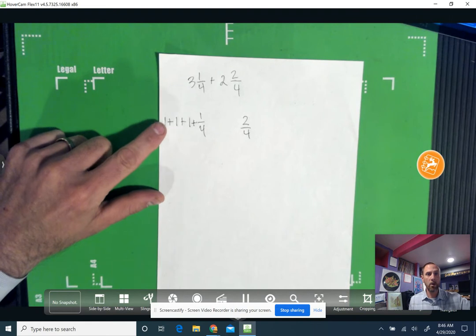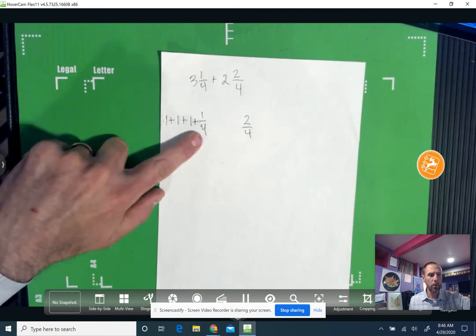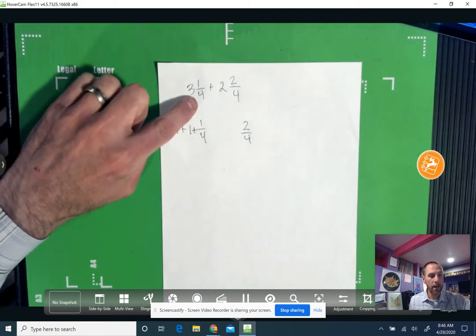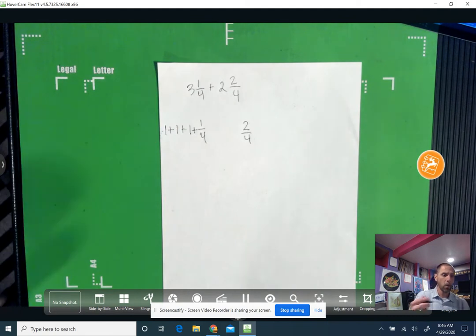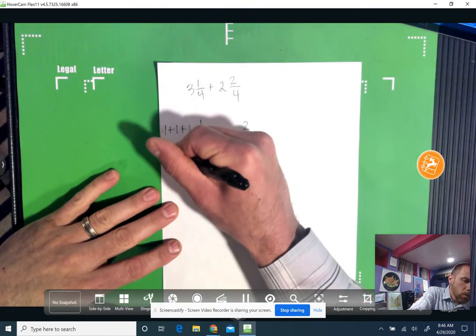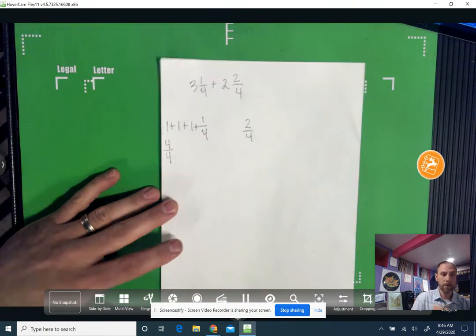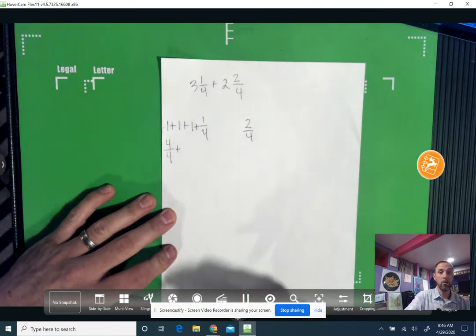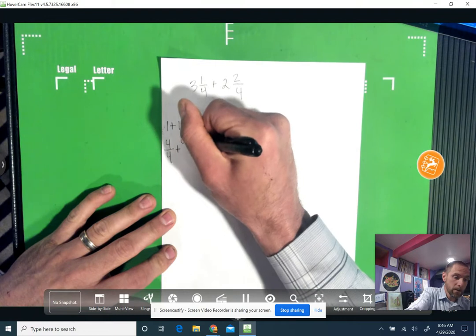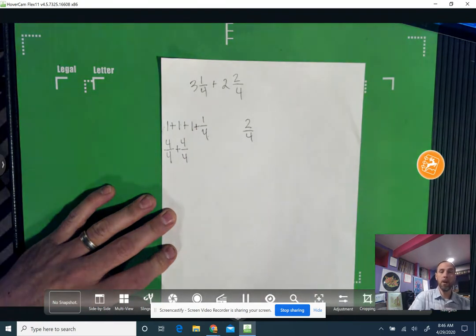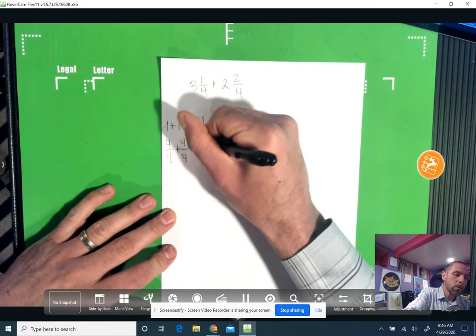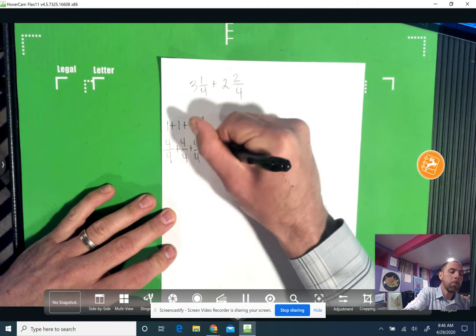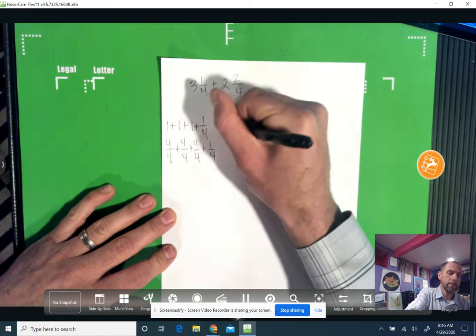Well, with these whole numbers, how did we make these whole number ones? Because our denominator is 4, we had to get 4/4 to make that 1 whole, plus another 1 whole, which is 4/4, plus another 1 whole, which is 4/4, plus our 1/4.